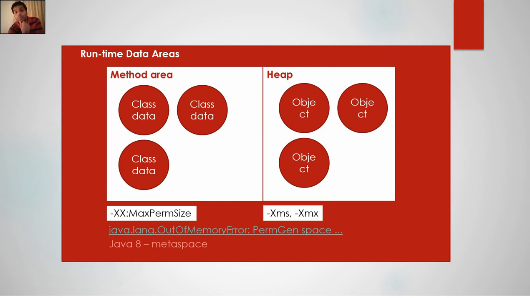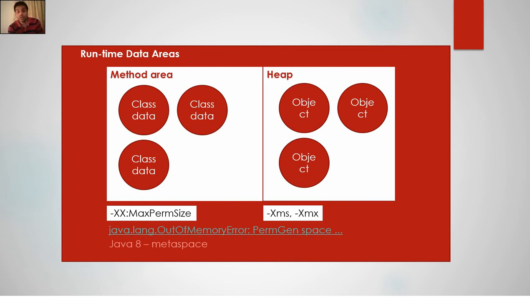heap is a very important memory area in Java that most of the time needs to be tuned based on your application requirements. So that is tuned using -Xms for the minimum size and -Xmx for the maximum size. So by default, it is 1/4 of the physical memory, the Xms.